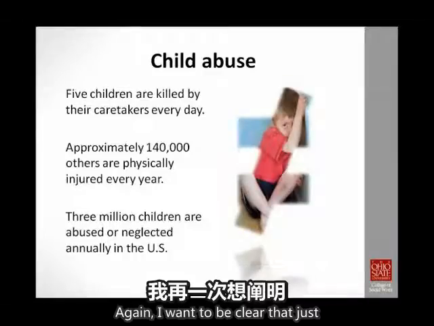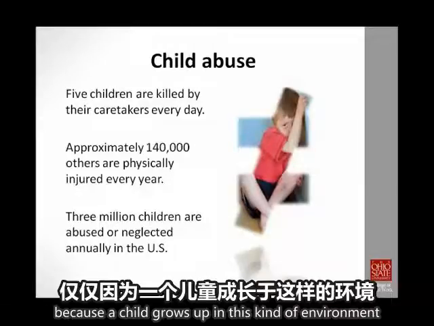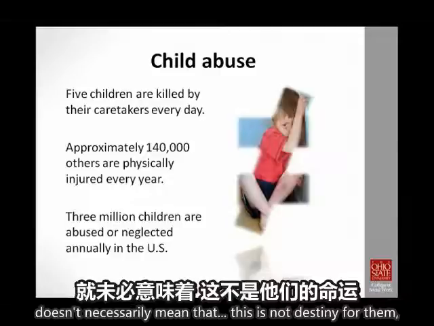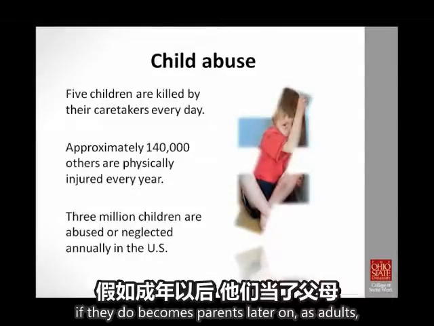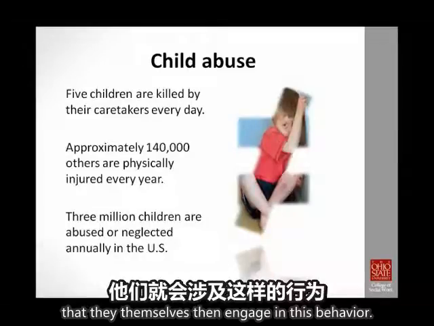Again, I want to be clear that just because a child grows up in this kind of environment, it doesn't necessarily mean that this is destiny for them. It doesn't mean that if they do become parents later on as adults, they themselves then engage in this behavior.